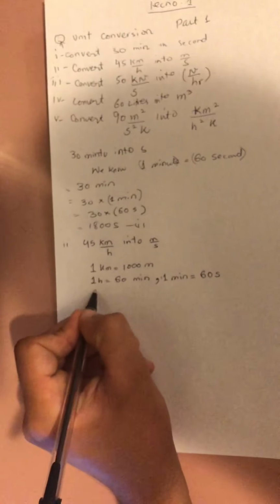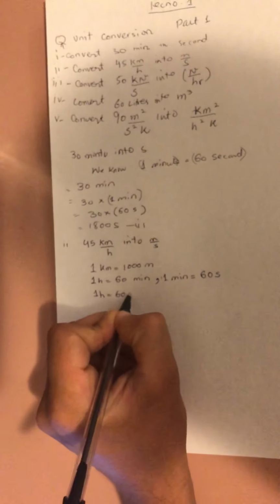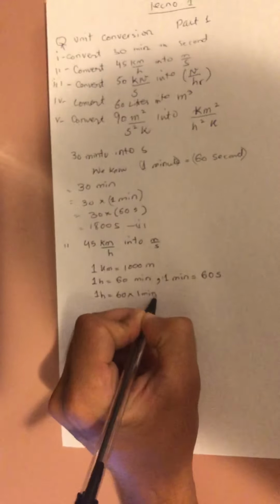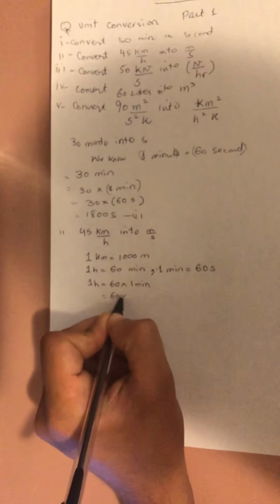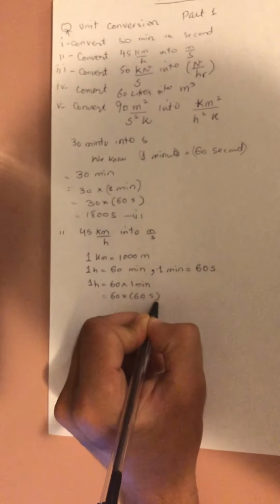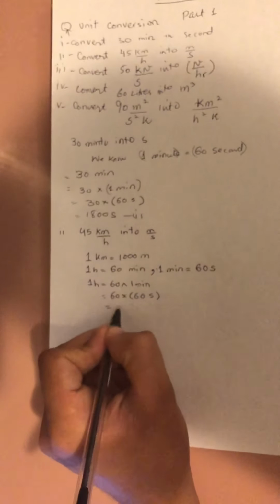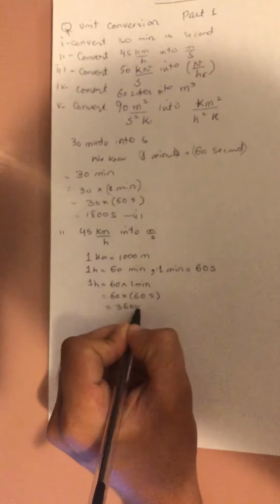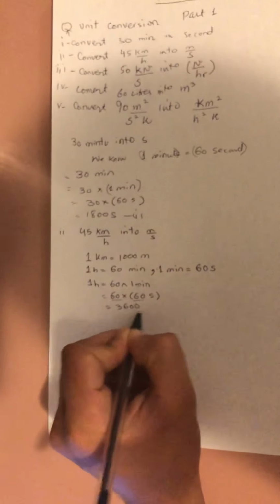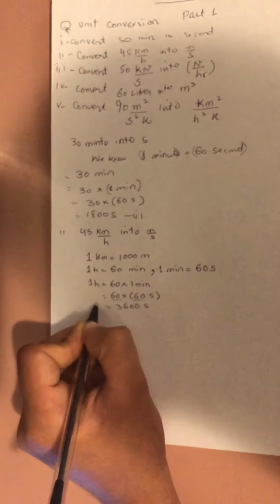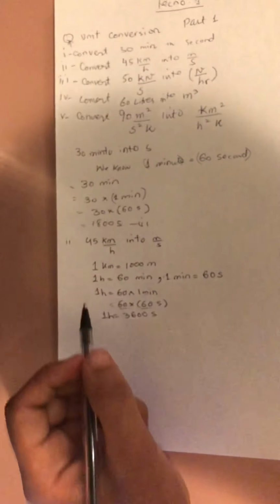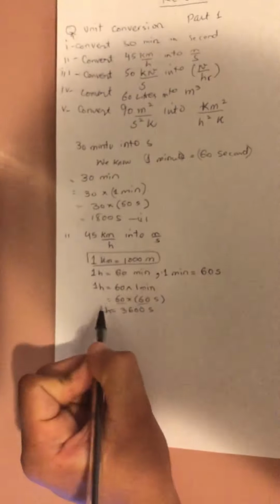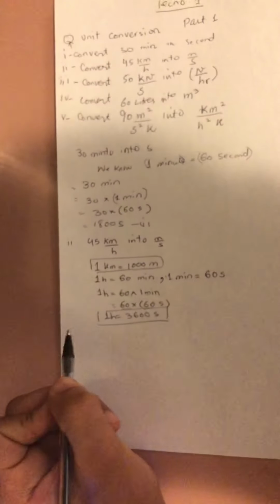So 1 hour is 60 multiplied by 60 seconds, and when you multiply 60 by 60, you get 3600. So 1 hour is equal to 3600 seconds. We have these relations to keep in mind.